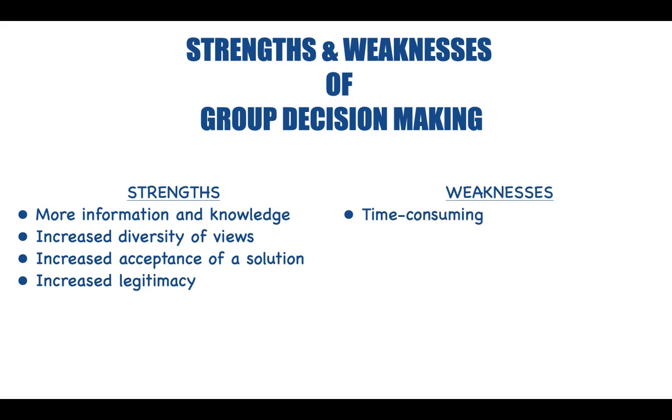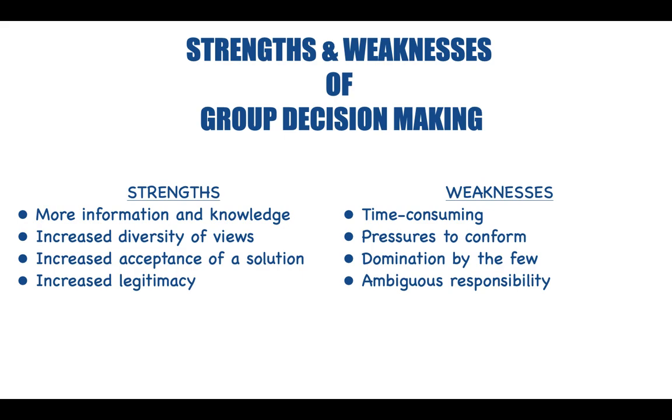But the weakness at the same time is that the whole process of group development and group decision making is time consuming, and there will be pressures to conform. That is, there might be some people who disagree with your decision, and some people might put pressure on other members of the group to conform to those decisions. And there is domination by a few members in the group. Not everybody is being heard, so some of the people in the group might dominate the others.